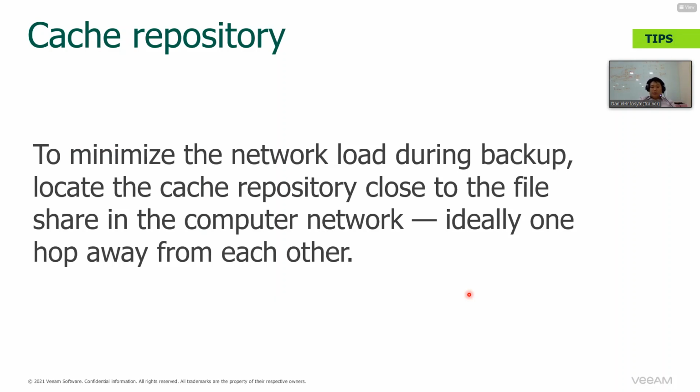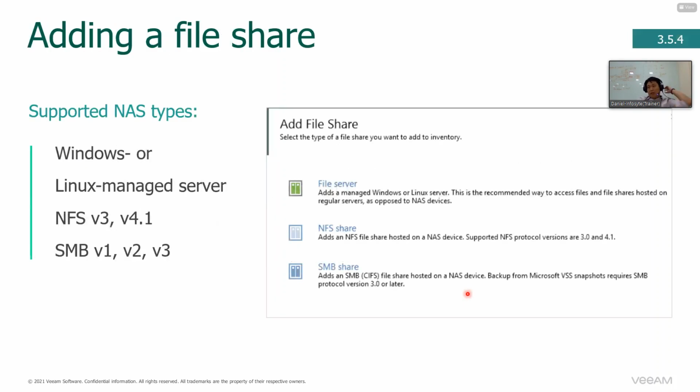So when you add in your particular NAS file share, you can select Windows or Linux based. So this one usually you can utilize either virtual machine backup or agent backup, depending on which one is easier for you, especially on the licensing part. Okay.